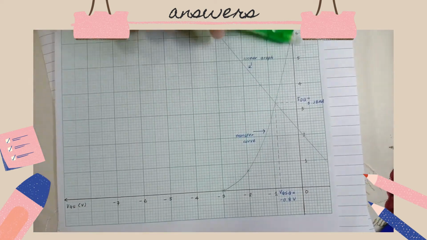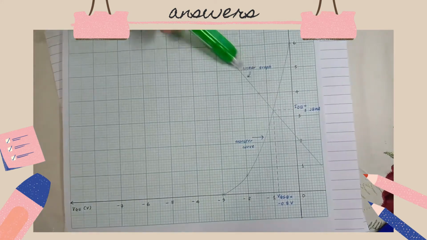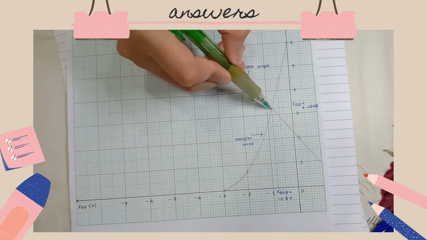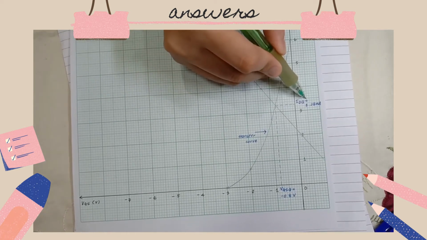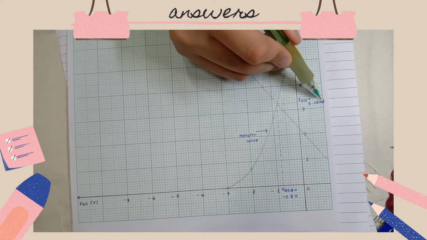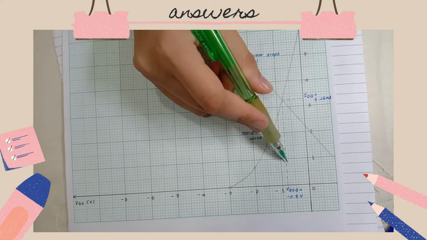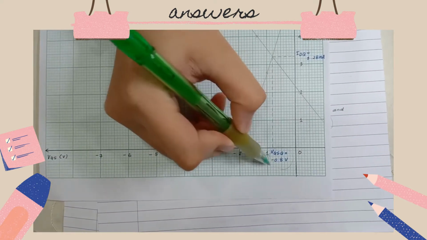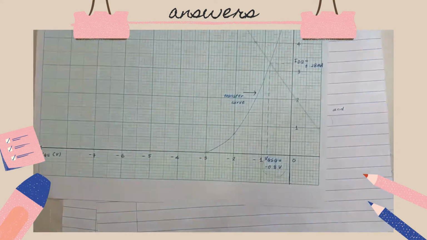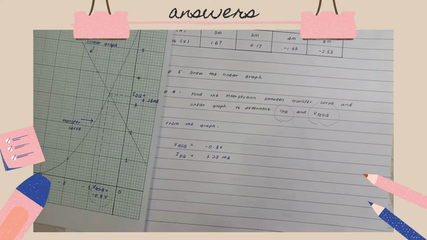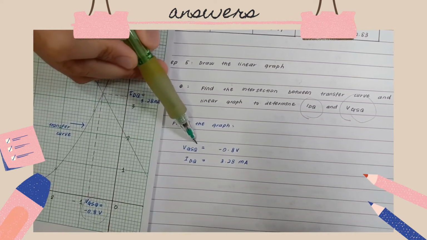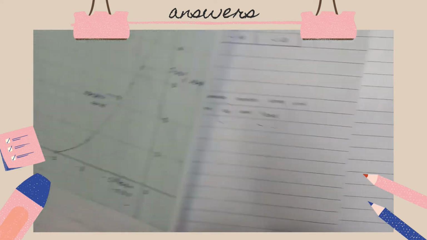We will get the intersection point. The vertical value is IDQ. So I'll get here 3.28 milliampere, and the horizontal value is the value for VGSQ, which is negative 0.8 volt. So from the graph, we write here the value for VGSQ and the value for IDQ.